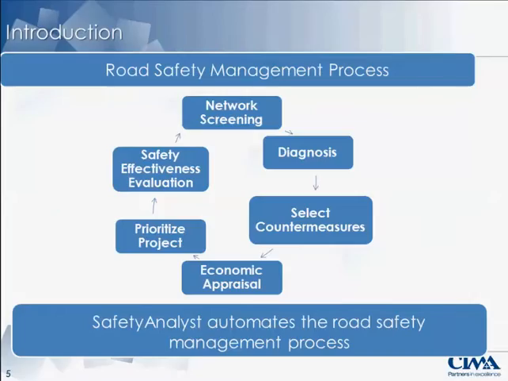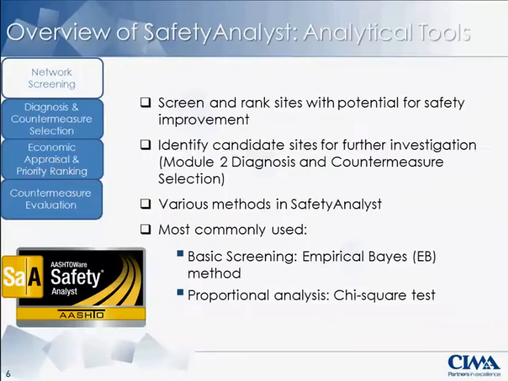So, safety analysts have created 4 different modules for all of these. Those modules are the network screening module, the diagnosis and countermeasure selection module, the economic appraisal and priority ranking module, and the countermeasure evaluation module.